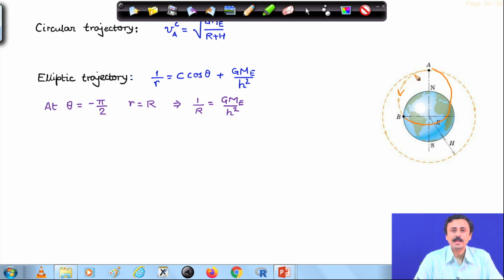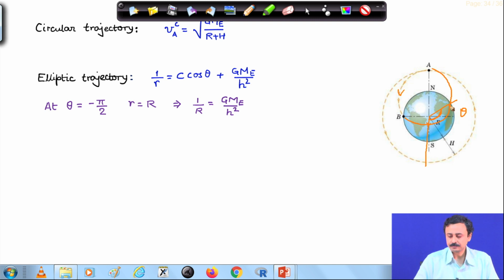This is a hypothetical path, of course, right now. Theta is always measured in the direction of motion from the perigee. Therefore, if this is the perigee line, this point is the perigee, then theta is measured from here. So, that is theta.